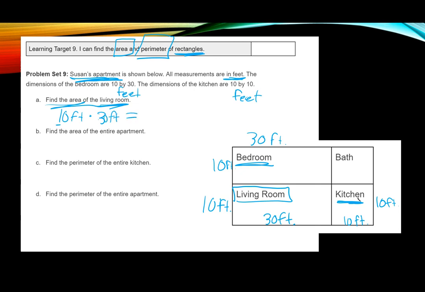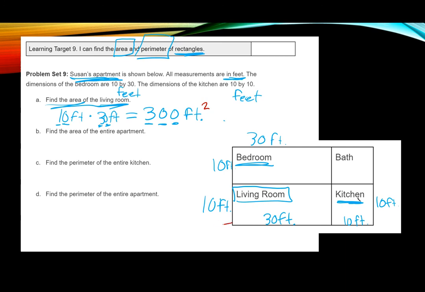And here we can do 1 times 3 gives us 3. And then we have 2 zeros, so we can put 2 zeros afterwards. And that'd be 300 feet squared, or what a lot of you probably like to do, is just put a little 2 above that foot. Feet squared.